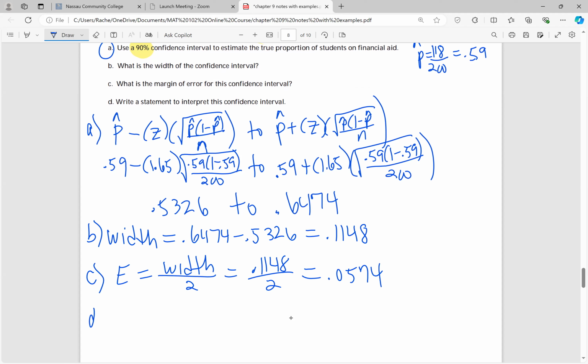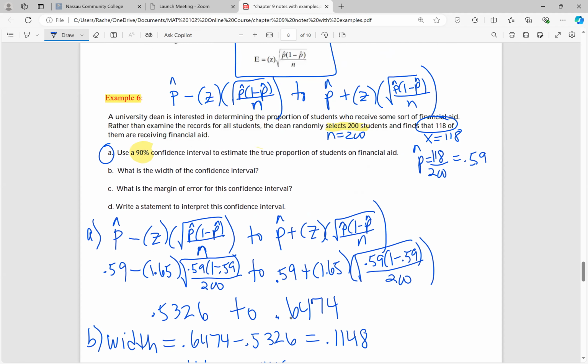And then D, write a statement to interpret this confidence interval. Very similar to when we were doing the interpretation for means. So we say, we are 90% confident, because that was my confidence level, right? We are 90% confident that, what are we trying to estimate? It's the proportion of students on financial aid.